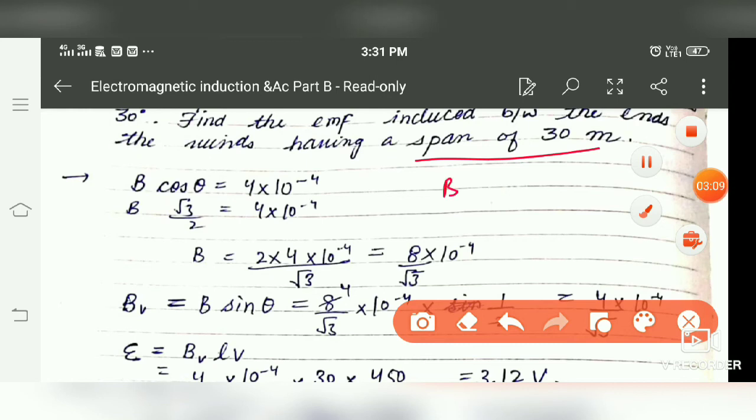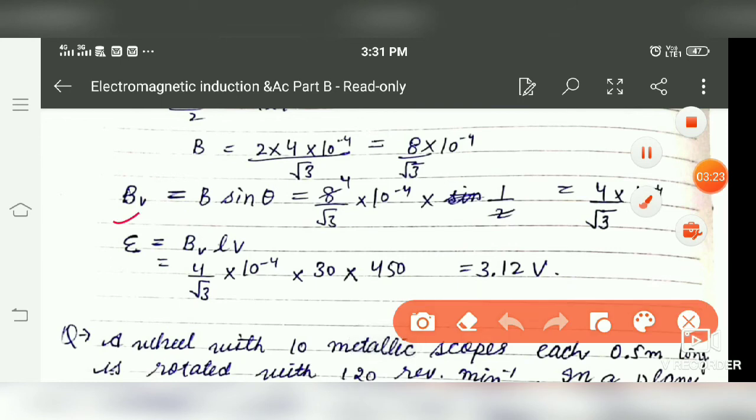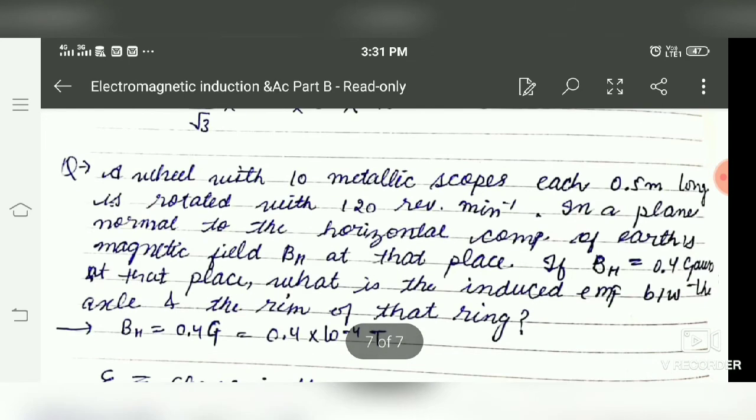As B cos delta, it's given that the horizontal component is 4 into 10 raised to power minus 4. So BV is equal to this term. So the induced EMF is equal to the vertical component into L into V, because we have to find it along this.